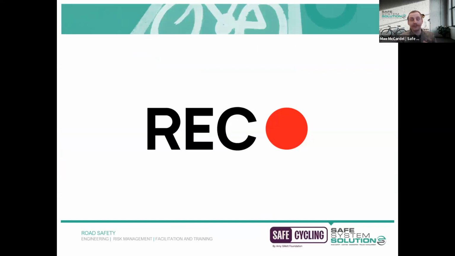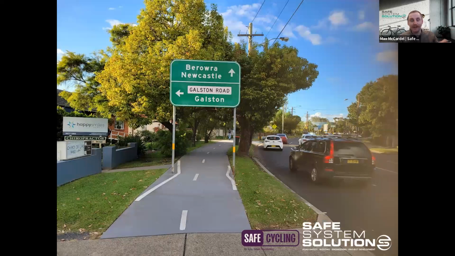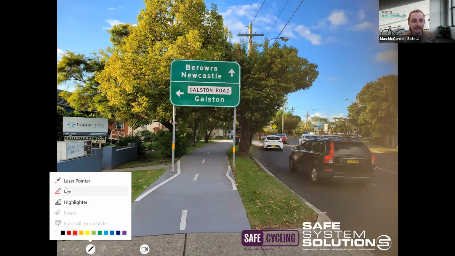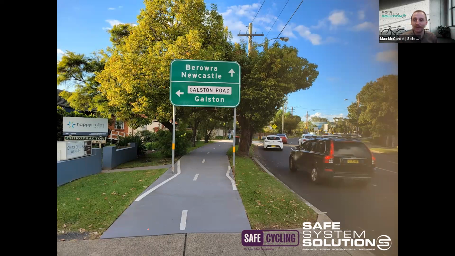Just a few photos that I wanted to share from the previous module about shared paths. Had this sent in from a previous participant about a shared path that was near them. And here's a pretty good example of where you've got a narrowed shared path because of those signposts, creating that pinch point, which is quite uncomfortable.